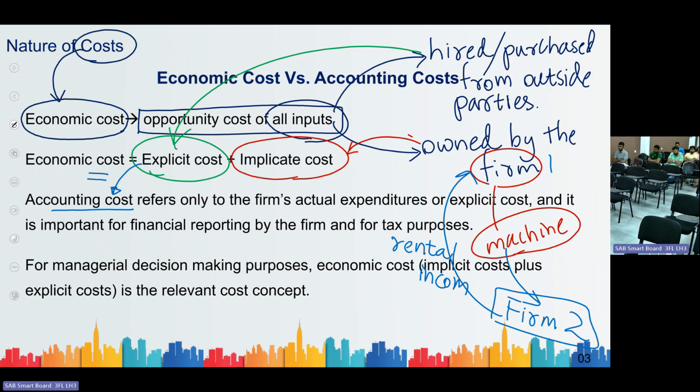So what I wanted to highlight is that if an owned input is not used in the production process, the firm which owns that input can rent it out to outside firms so that they can earn some rental income.